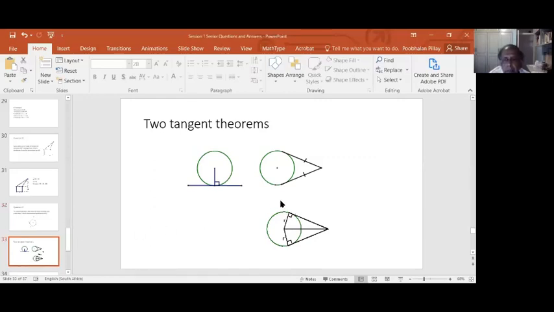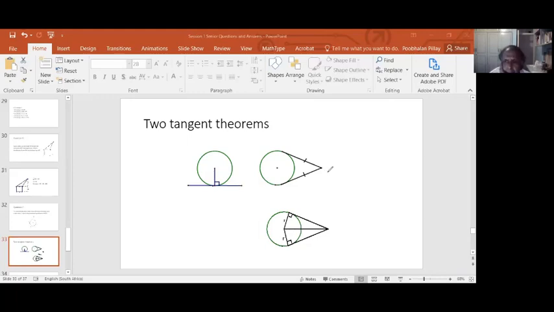So there are two important tangent theorems. In fact, there are 3 tangent theorems, but for the time being, we will look at 2 of these theorems. The first says that a tangent touches a circle at exactly 1 point. And if you take that point and join it to the center, that line is always perpendicular to the tangent. That's the first result on tangents.